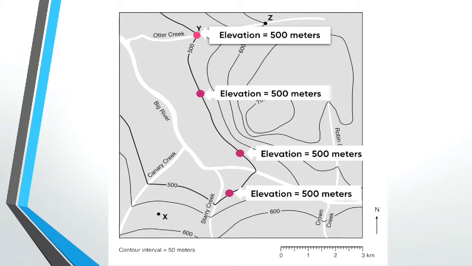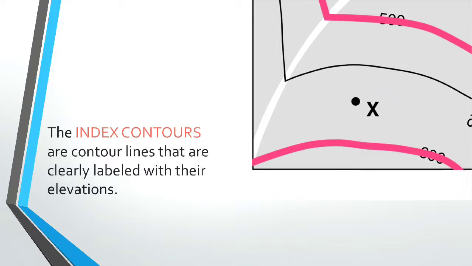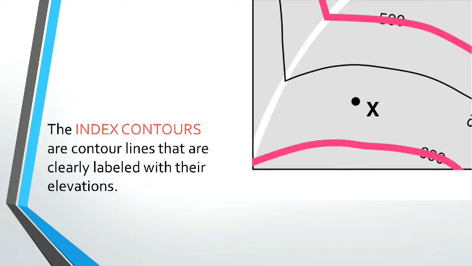So let's take a closer look. One thing you might notice is that some of the contour lines, not all of them, are labeled. For example, here the 500 line and the 600 line are labeled. These are called the index contours.